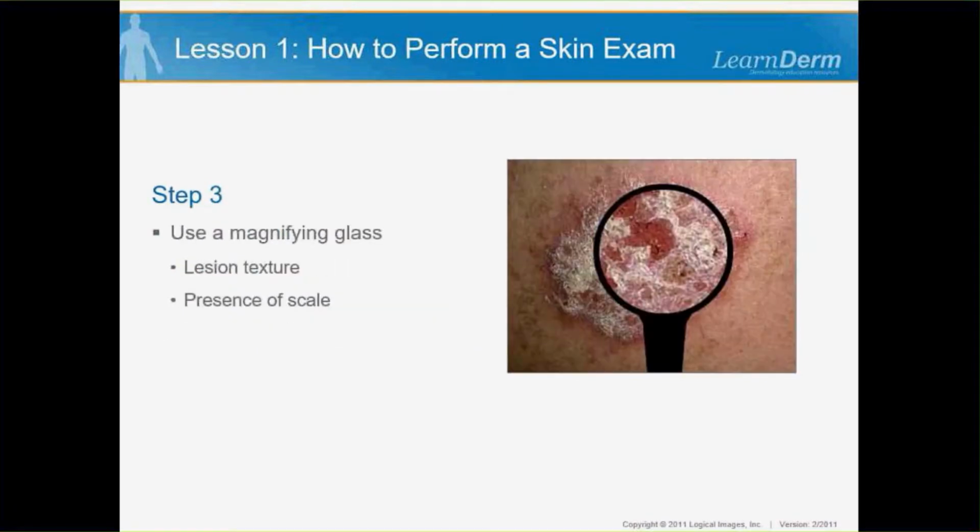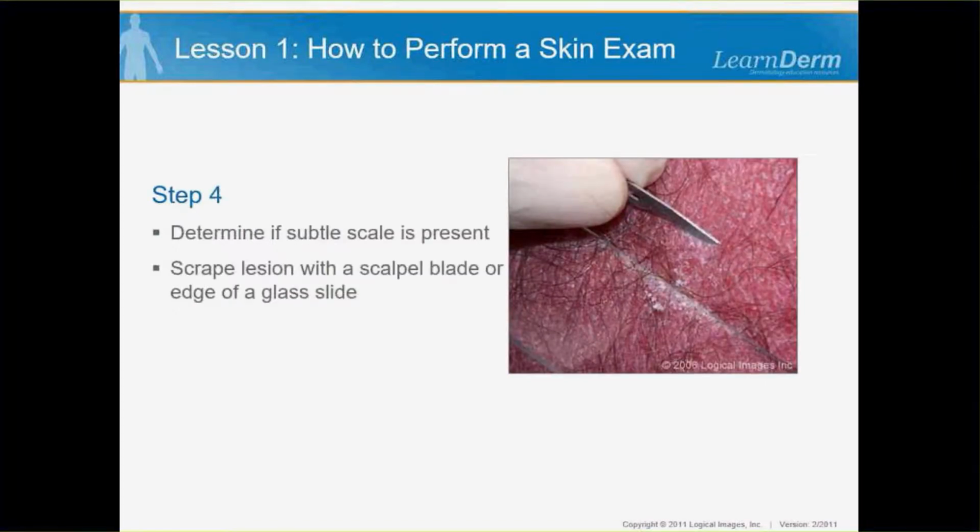So use your fingers. And then hopefully you have a magnifying glass or something called an episcope where you can illuminate and magnify at the same time and really see more clearly into the skin.